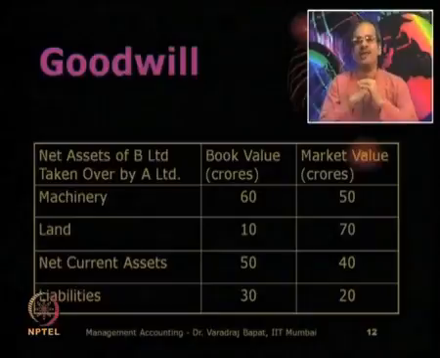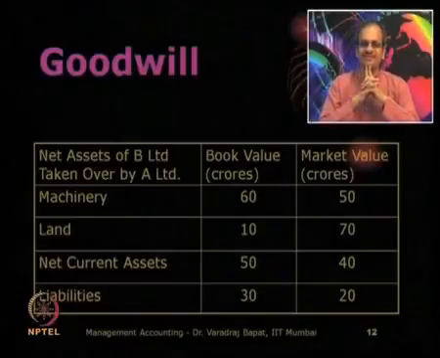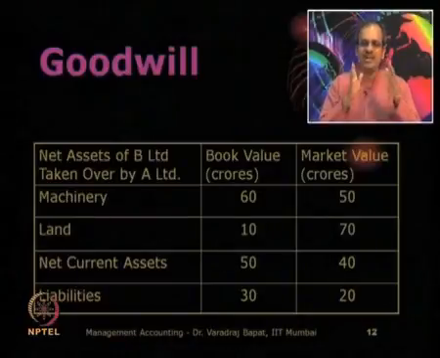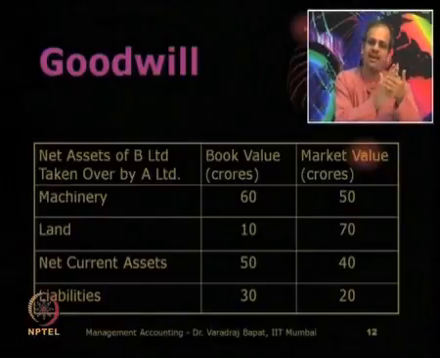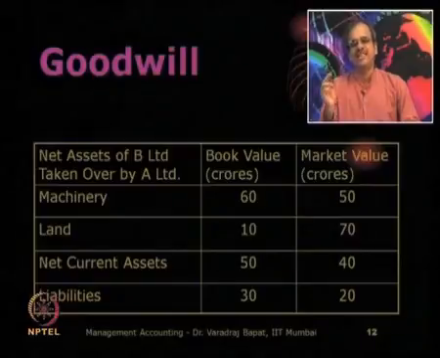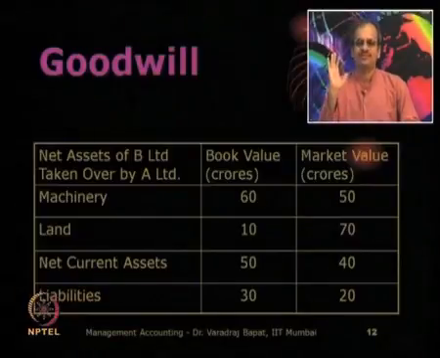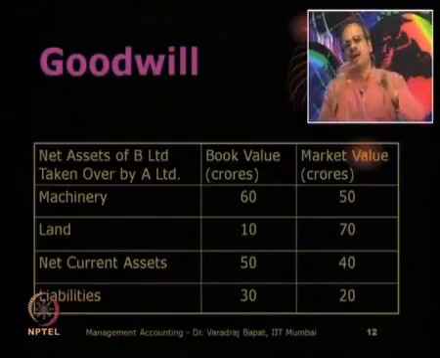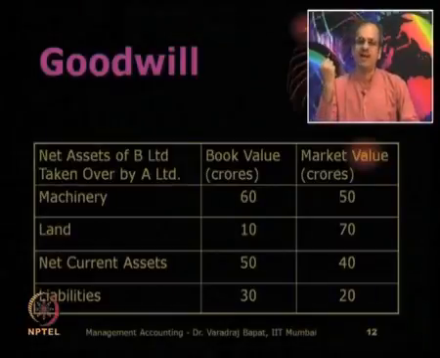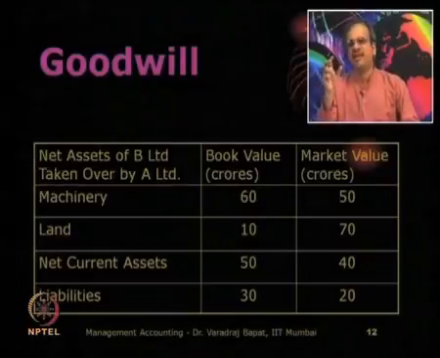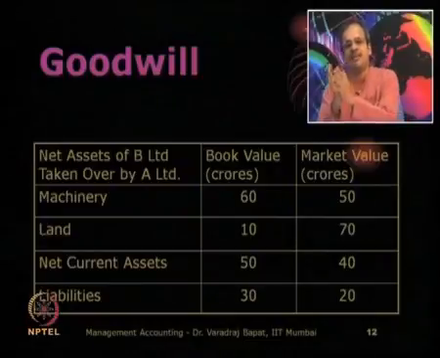Imagine how you can calculate the goodwill. Goodwill is calculated as the price paid, that is purchase consideration, minus net assets which are taken over. So, 150 crore minus the assets which are acquired. Now, should the assets be taken at book value or at market value?